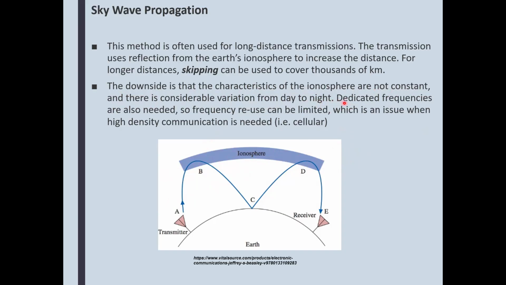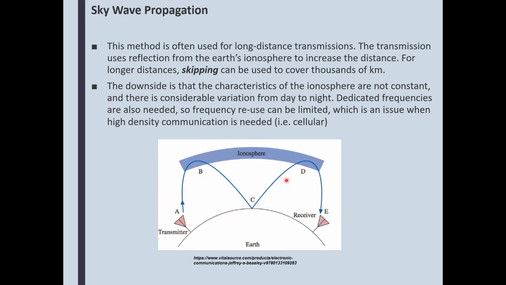Dedicated frequencies are also needed for that. So frequency reuse can be limited when it comes to covering more distance. For example, there could be a radio station transmitting on a certain frequency, and if the other station is far enough, it can also transmit on the same frequency, because those distances will not cover each other.